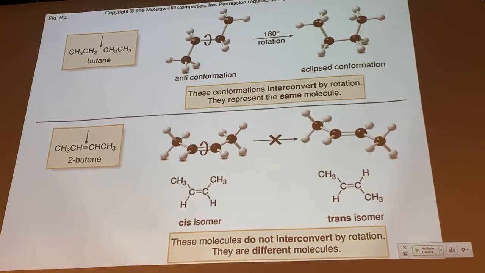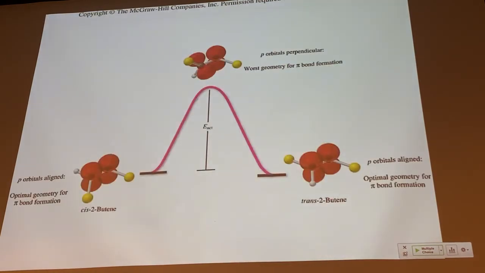And then there's another figure. This one is not from our textbook, but you can take a look at it on Learning Suite. And this shows what would have to happen if you were going to convert a cis isomer to a trans isomer or vice versa. As you rotated about the carbon-carbon double bond, at the highest energy point, you would have those p orbitals completely perpendicular to each other.